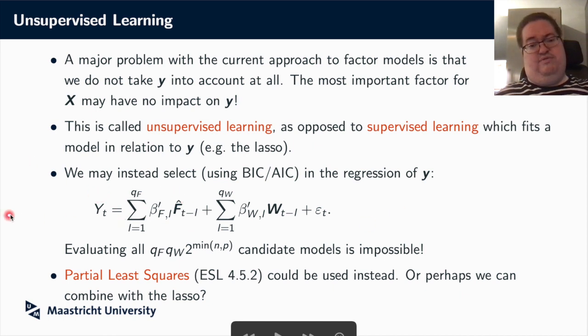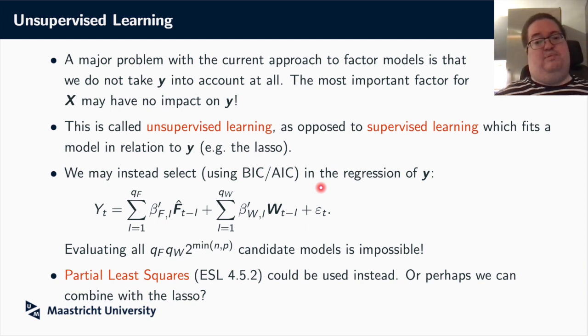But of course, then we have again a high dimensional problem, so we cannot evaluate that using standard methods such as BIC and AIC. Now, of course, you can think of ways to reduce the dimensionality, saying we only include a lesser factor if the more important factor is included. Well, it's hard to argue a priori that this would always be the best.